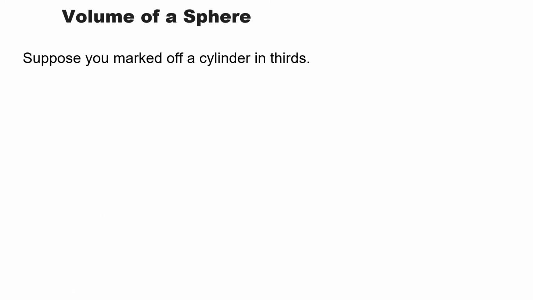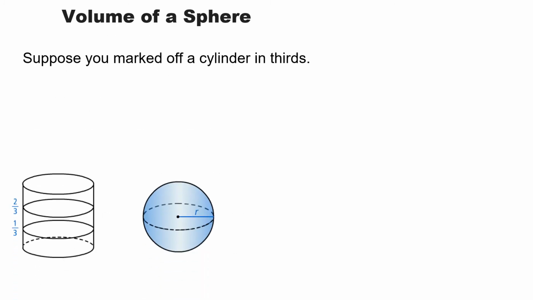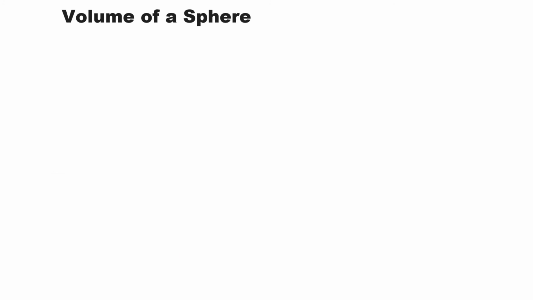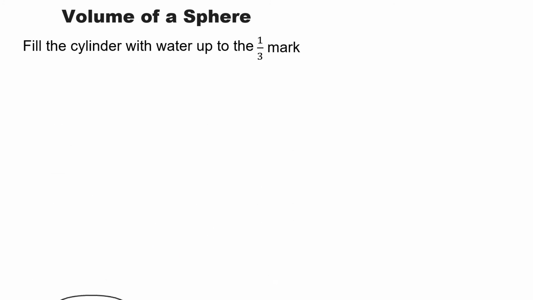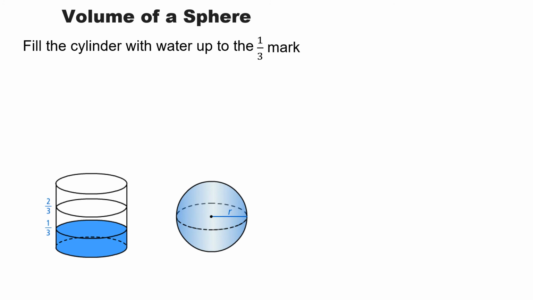Let us try an experiment with our cylinder and our sphere. Suppose we marked off the cylinder in thirds. And what happens when we fill the cylinder with water up to the 1/3 mark? But let's take it a little bit step further.